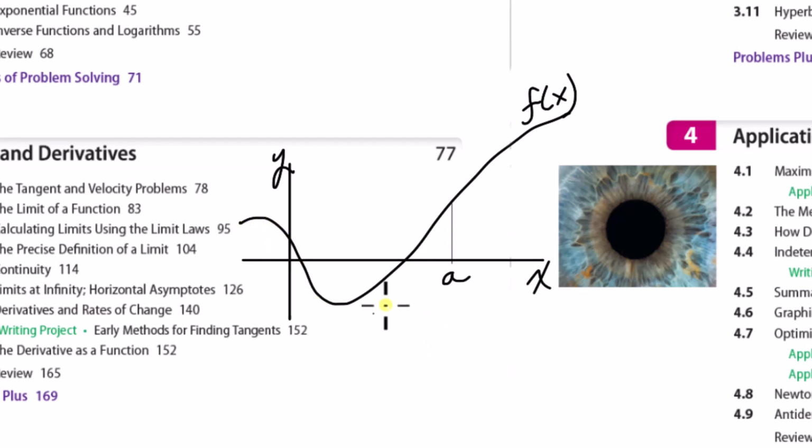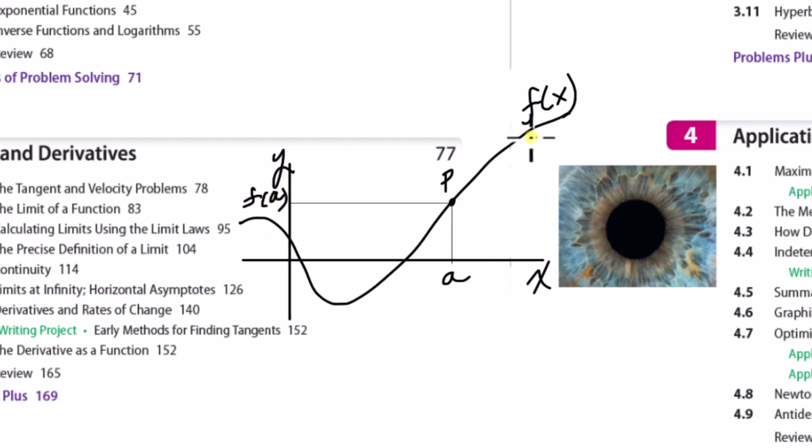And so from the perspective of the curve f of x, you're asking, what is the derivative of f of x at point P on f of x, with the coordinates of point P being a, comma, f of a.